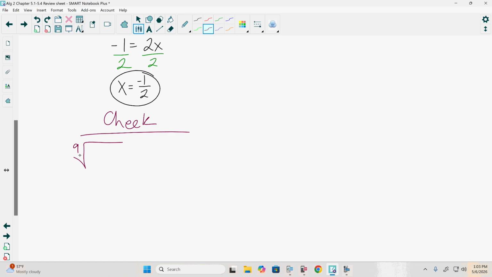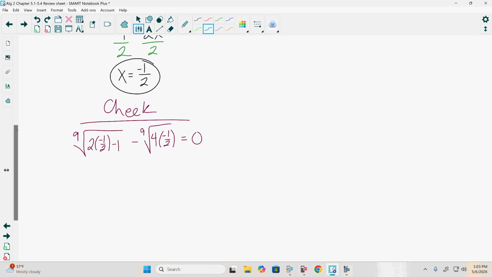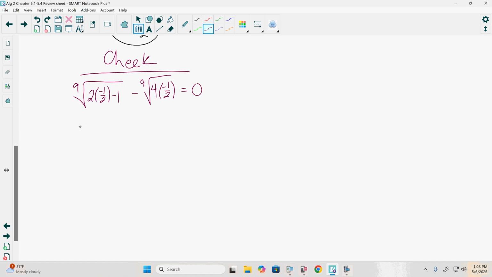So the 9th root of 2 times negative 1/2 minus 1, minus the 9th root of 4 times negative 1/2, is equal to 0. I'm going to go on and do this by hand. First, 2 times negative 1/2 is negative 1.